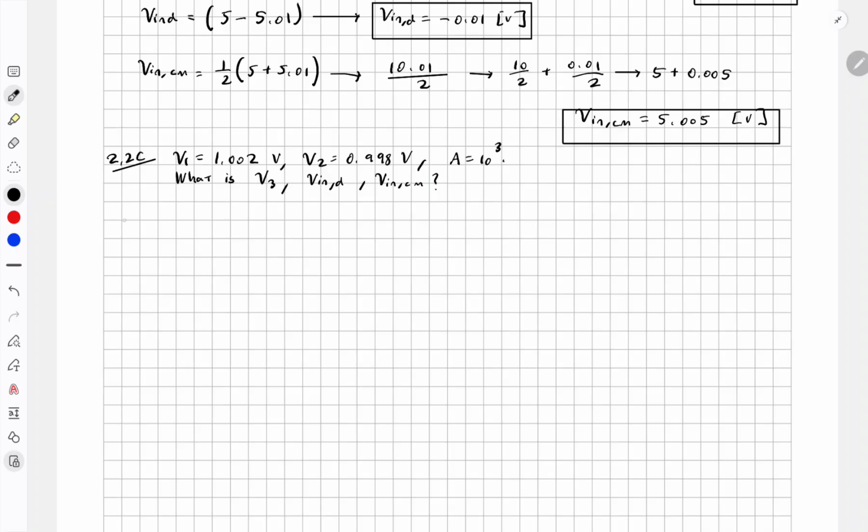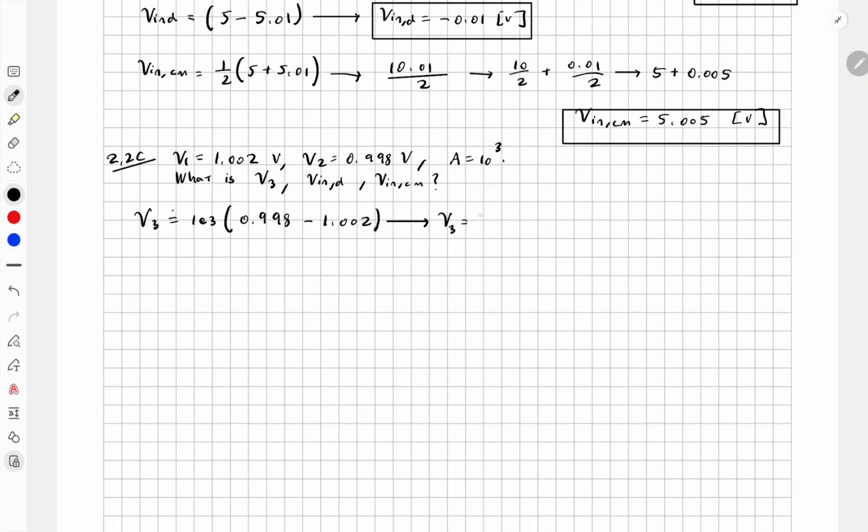Let's do that. So again, V3 is equal to A, which is 10 to the third, times V2 minus V1. So 0.998 minus 1.002.